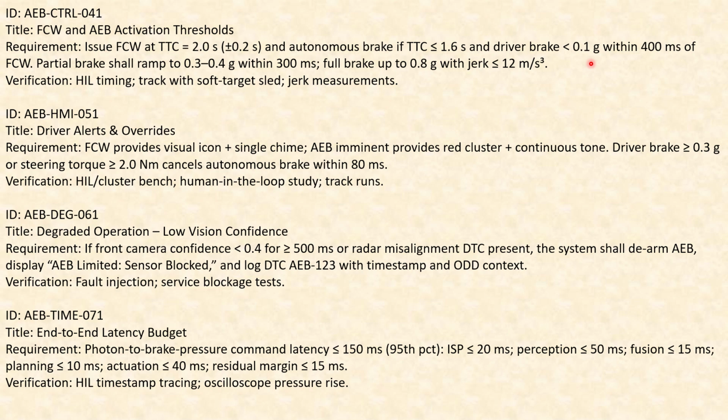So first comes the forward collision warning, and next comes the automatic emergency braking. Partial brake shall ramp to 0.3 to 0.4 G within 300 milliseconds, and full brake up to 0.8 G with jerk less than 12 meters per second cubed.